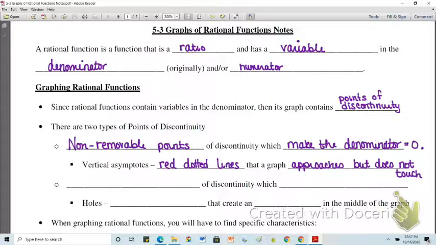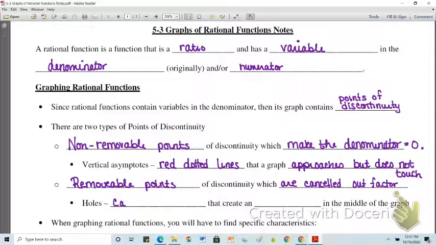The other type of discontinuity we have is a removable point of discontinuity, and these are canceled out factors. When I cancel out a factor, that's going to create a hole in my graph.